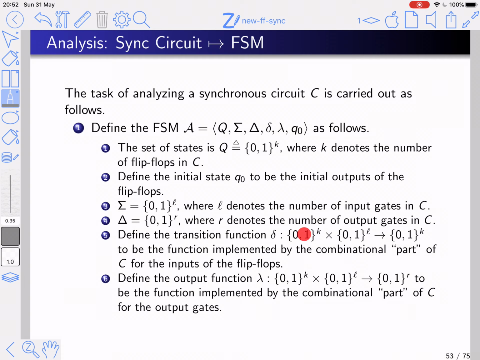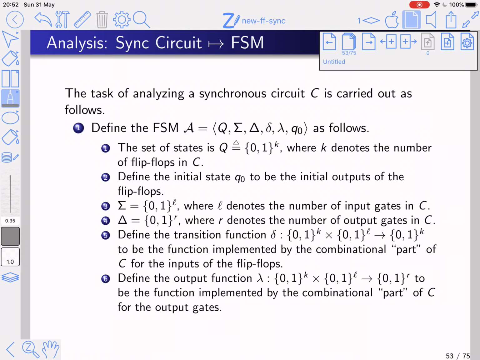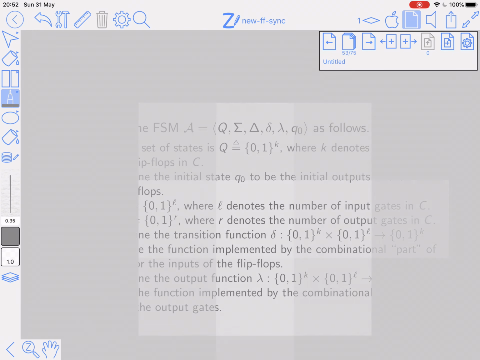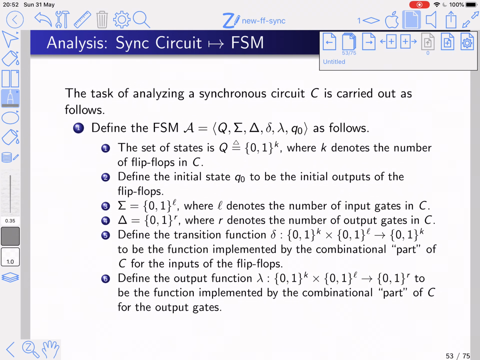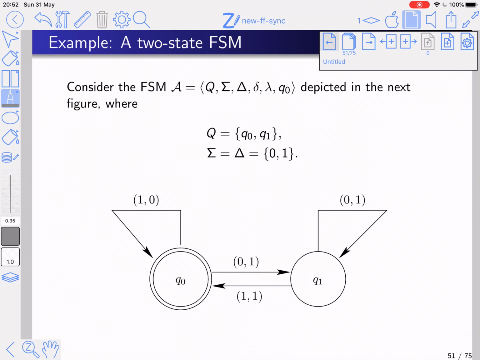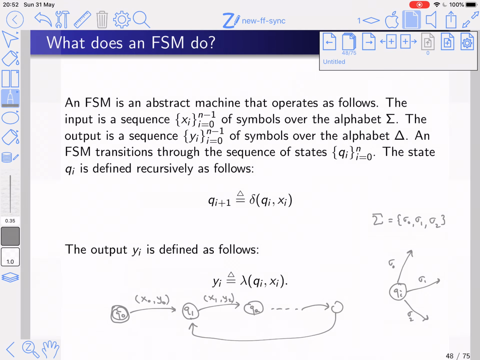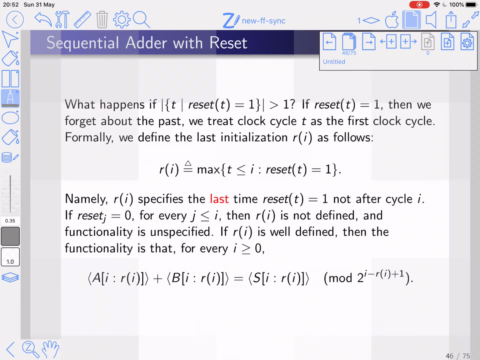We have a state, we have an input, and we have the next state. The next state is going to be the state in the next clock cycle. The output function also is applied to the state and to the input, but it gives us the values of the outputs. Okay? So this function delta and this function lambda are exactly the same functions that we saw in the canonic description of synchronous circuits. Let's see the canonic description.